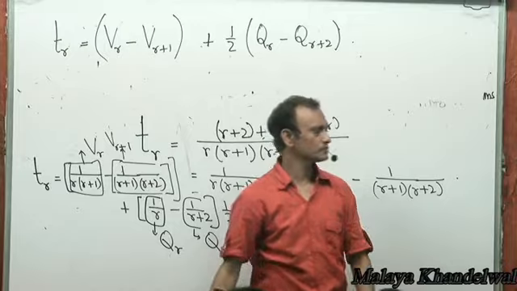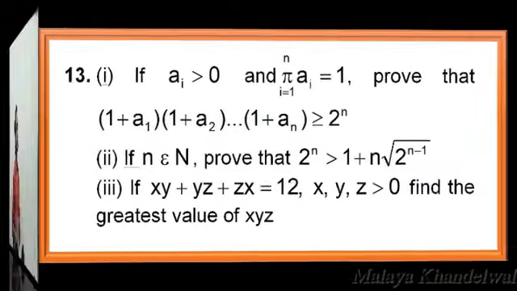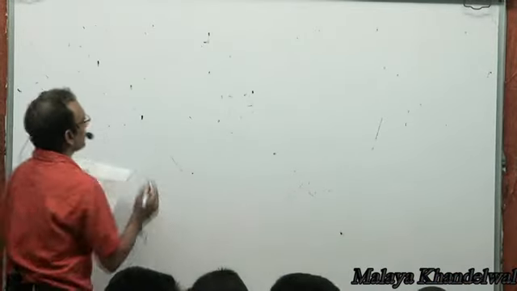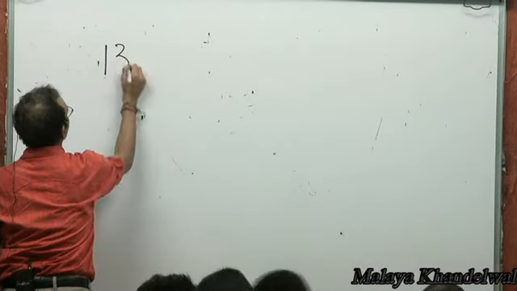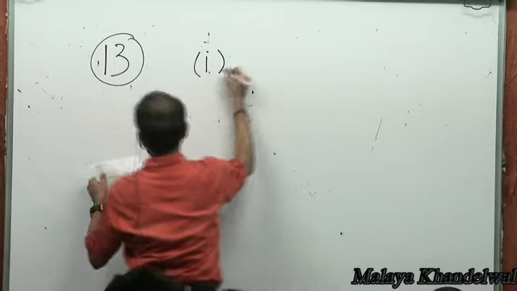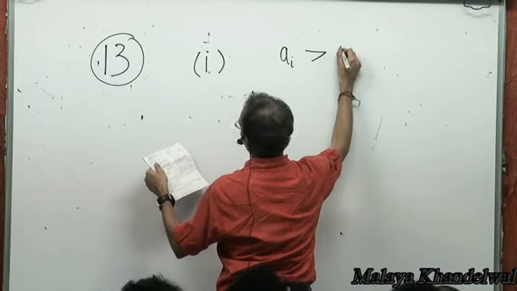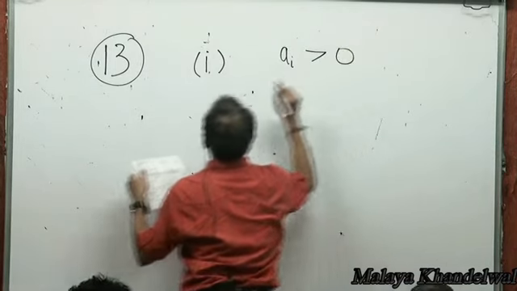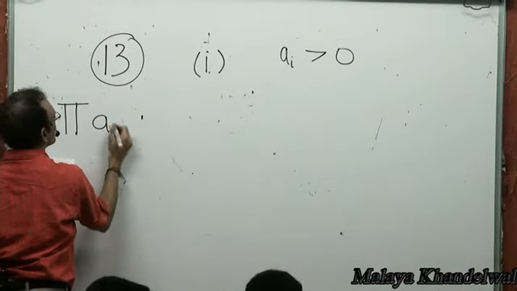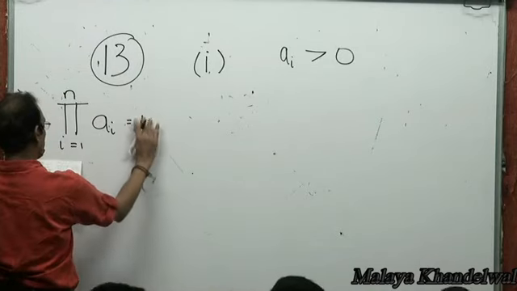All's good? So, problem number 13, part 1. These AIs are greater than 0. Pi AI means what? Product of all the AIs, I equal to 1 to n, is given to be 1.